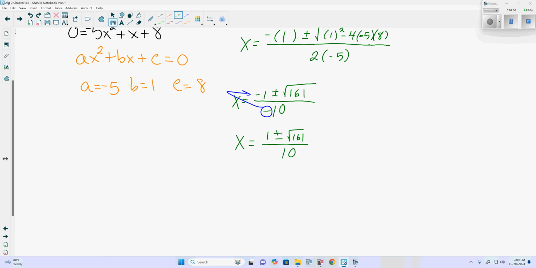Because a negative times a negative makes a positive, and a positive times a negative makes a negative. So the positive became a negative, the negative became a positive, giving us back the plus or minus. That's kind of the nice thing with the plus or minus. When we multiply by a negative, it just stays plus or minus. There are some things in mathematics that work nicely like that.